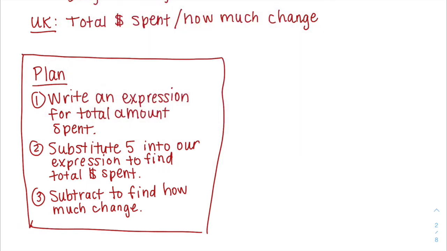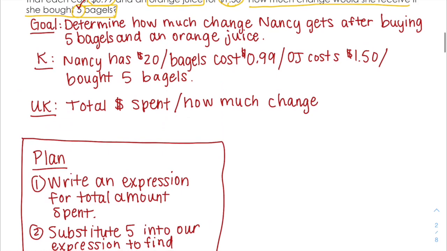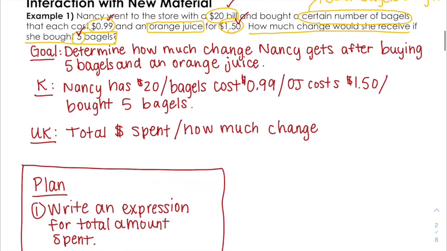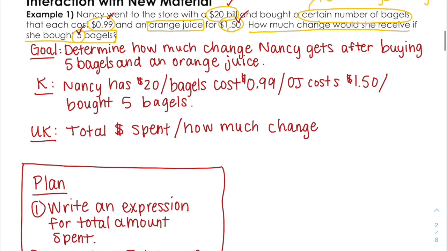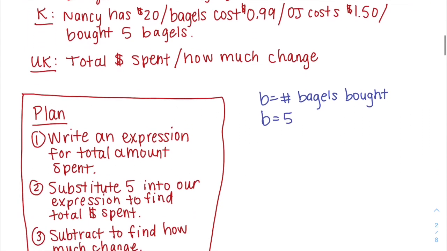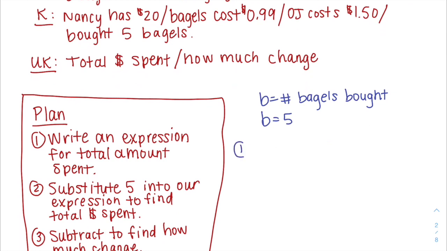So step 1, we need to write an expression for the total amount spent. Okay, so we know that it costs 99 cents per bagel. And we said that our variable was going to be B, which stood for the number of bagels bought. And we know that B is going to equal 5 because we're trying to figure out 5 bagels.